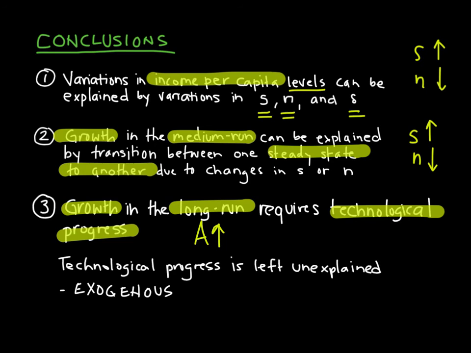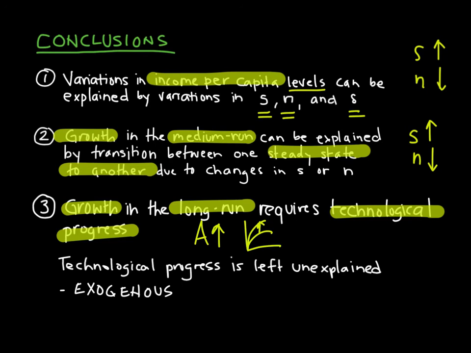That will shift our production function up continuously, and that shift up will always ensure that we are never stuck in a steady state. We keep moving to a new steady state every time period, and that movement, which is really making the medium run growth rate continuous, is what allows us to grow sustainably over time.